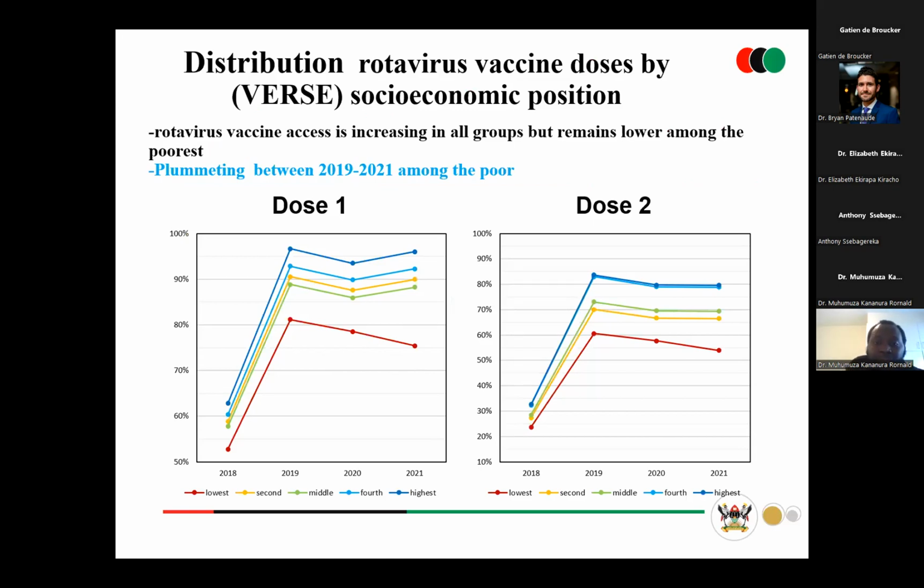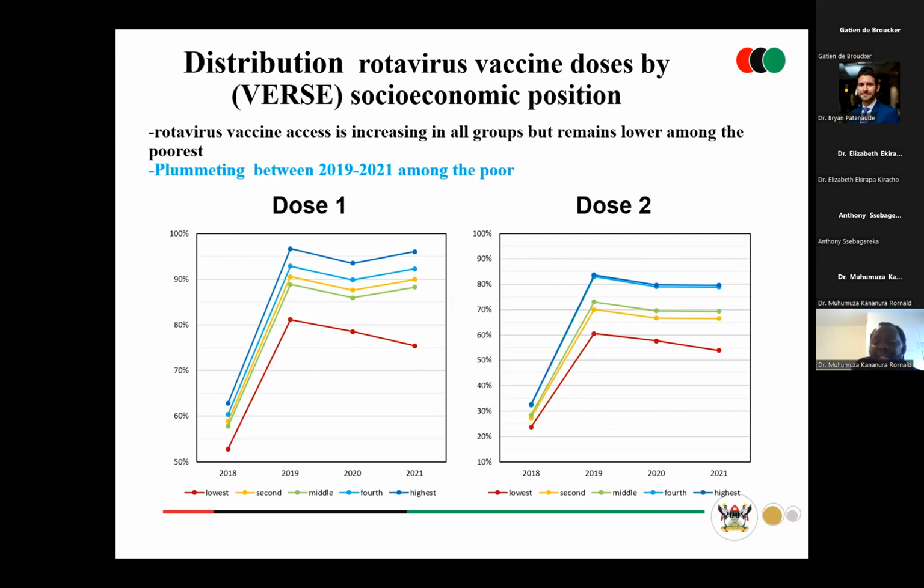So in terms of the distribution of access to rotavirus vaccine, we definitely see some gaps, with the lowest class, of course, left behind.